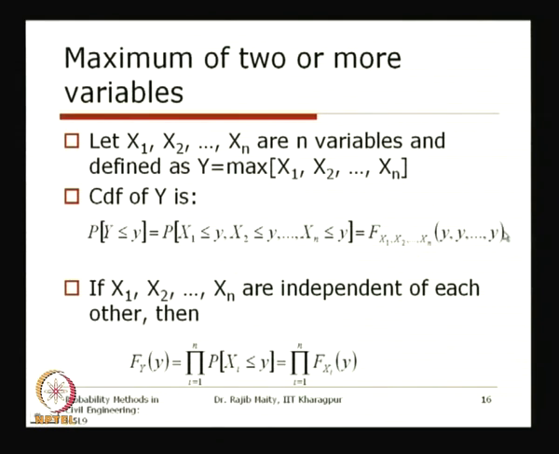Well, our next discussion is on the maximum and minimum of two or more random variables. Sometimes it is important when we have several random variables and we are interested in the maximum of the individual random variables. Suppose we know the earthquake intensities at a place, and we want the properties of the maximum intensity.